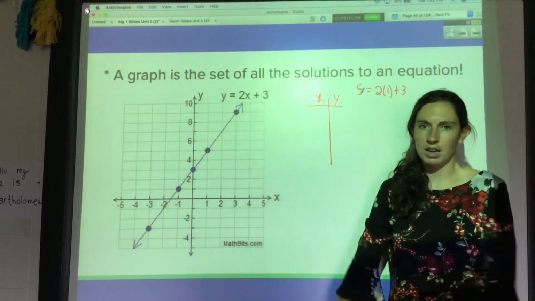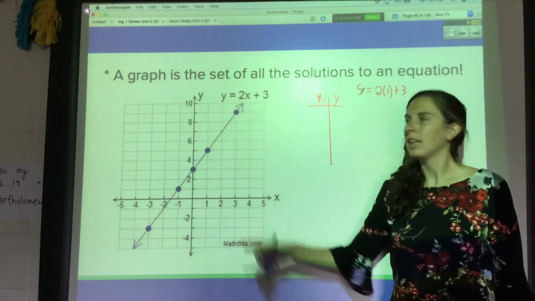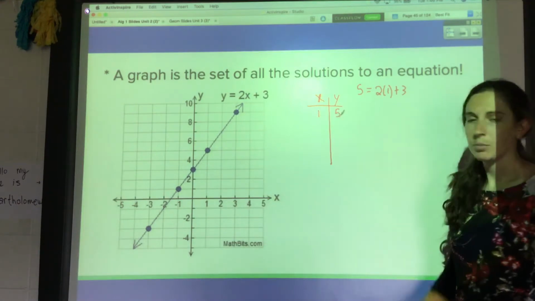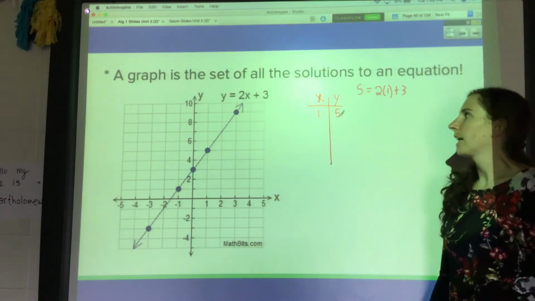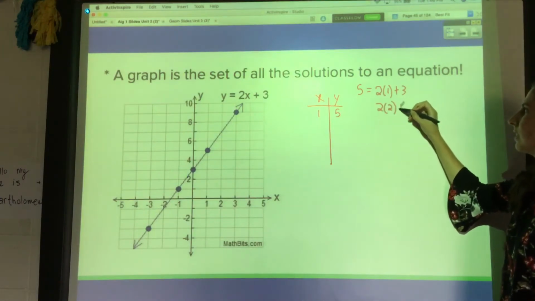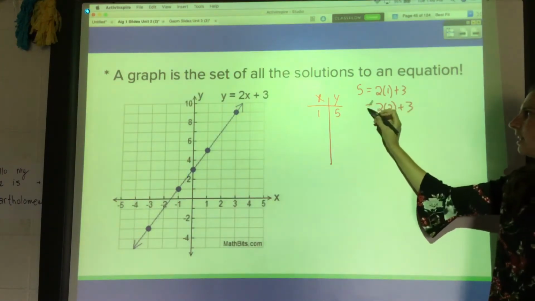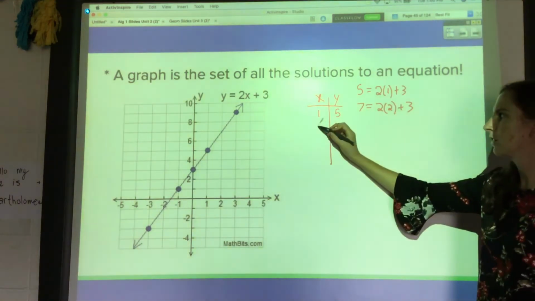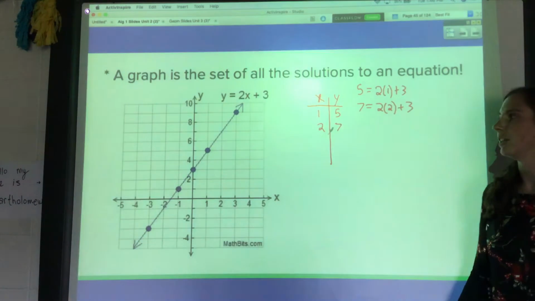That is one of the combos that makes this equation work. When x is 1, y is 5. But that's not the only one. Like when x is 2, so plug in a 2 for x, y is 4 plus 3, which is 7. So when x is 2, y is 7.